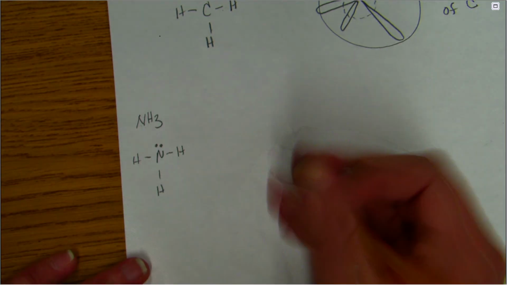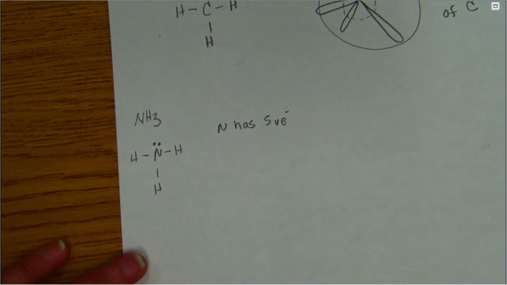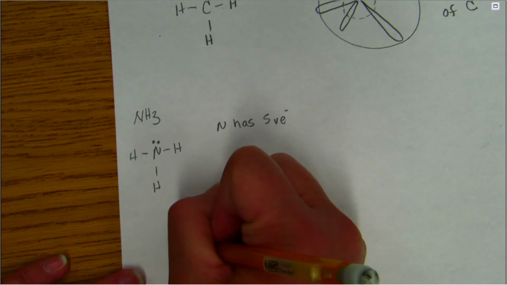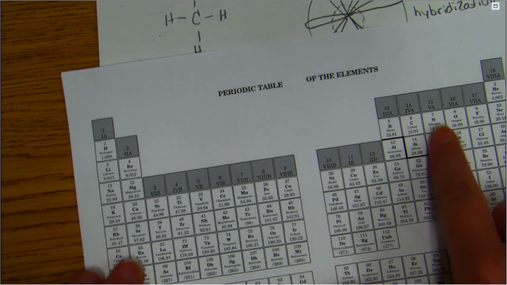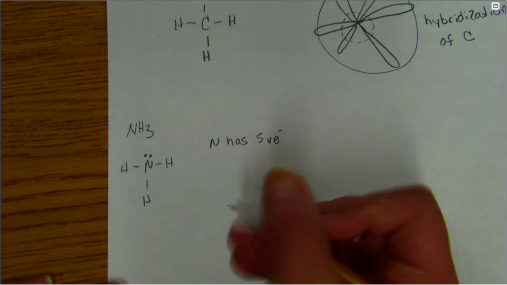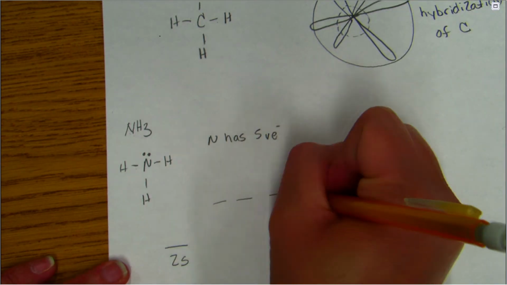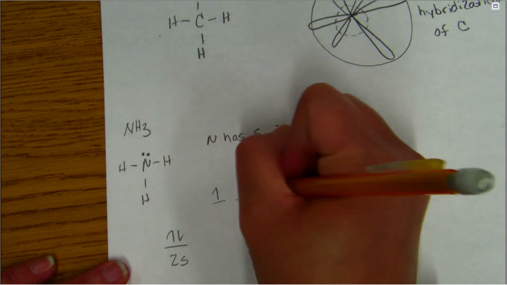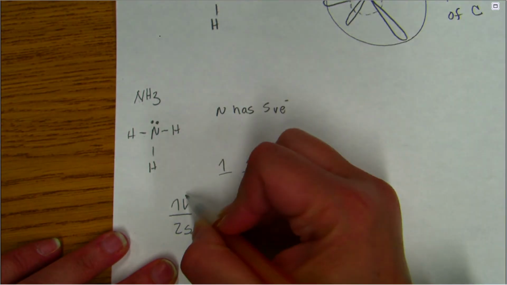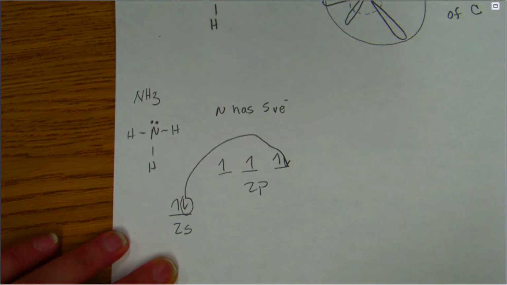Nitrogen has 5 valence electrons. So if we were to draw the valence electrons for nitrogen, it has 2 in the 2s and 3 in the 2p. So what we find when we have an overlapping of the s and the p, an electron from the s comes in and joins in the 2p.